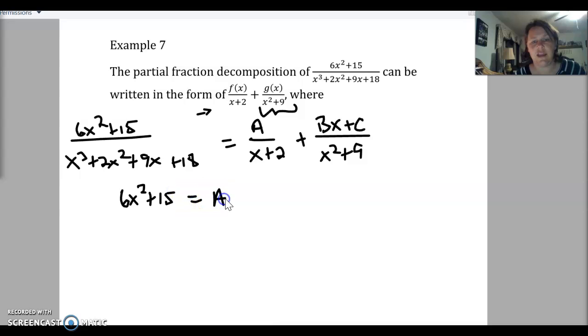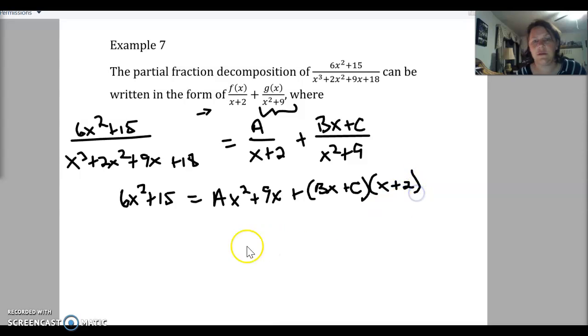We'll have a(x squared plus 9), plus, now we're going to have to FOIL here, so I'm going to go ahead and write that out, (bx plus c)(x plus 2). Now we need to put a middle term in over here. So 6x squared plus 0x plus 15.